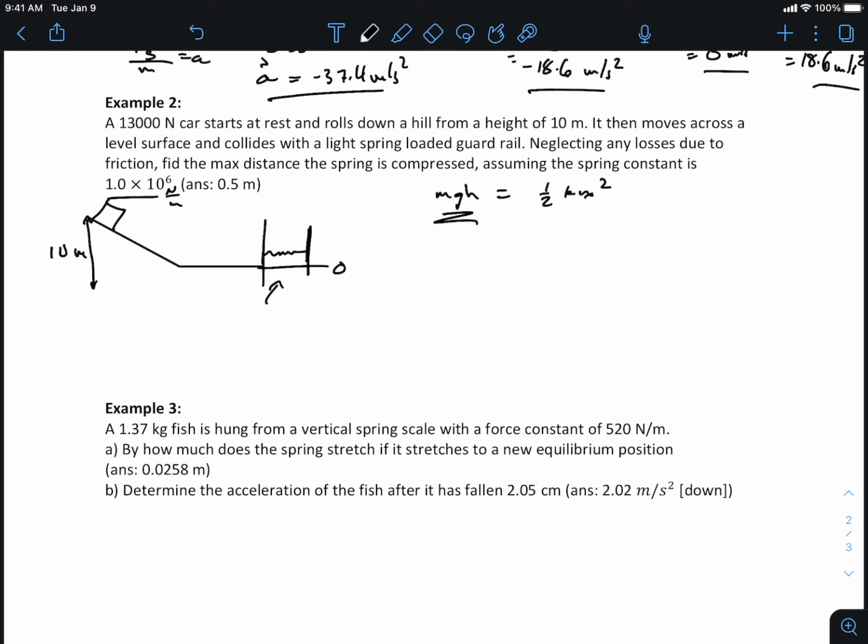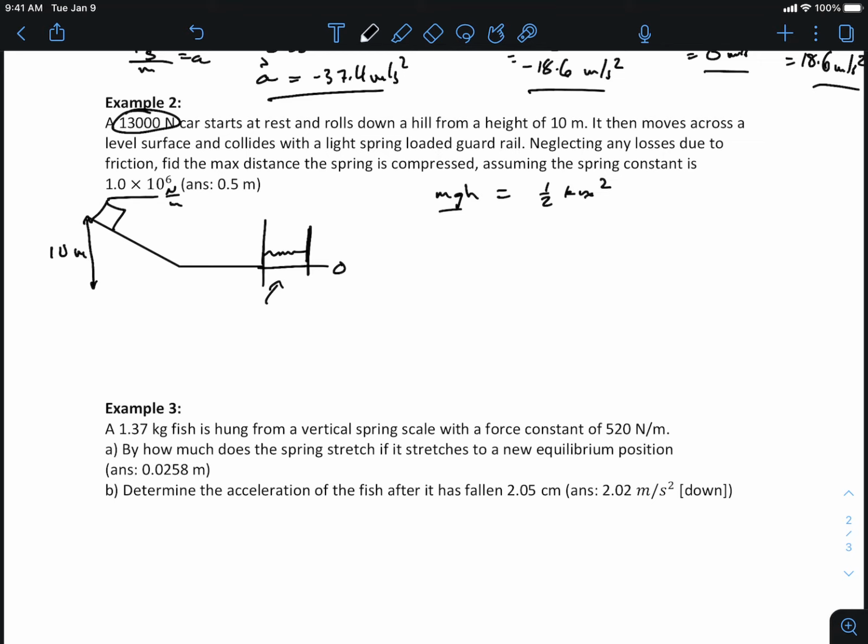We know what mg is, we don't need the mass. That's the 13,000 newtons, and we know its height initially. What do we want to find out? We want to find out how far the spring is compressed. That's displacement x, so let's isolate for x.